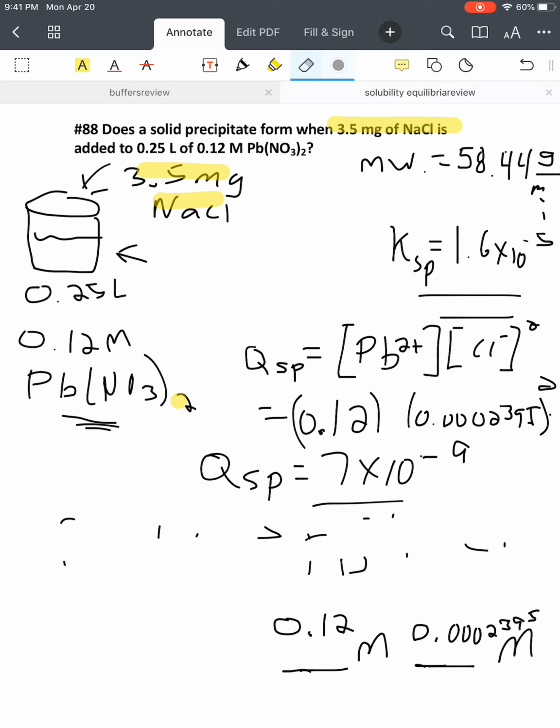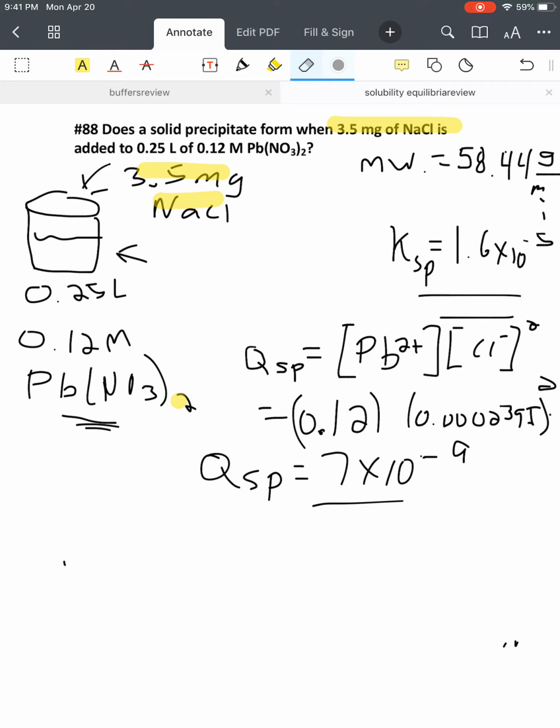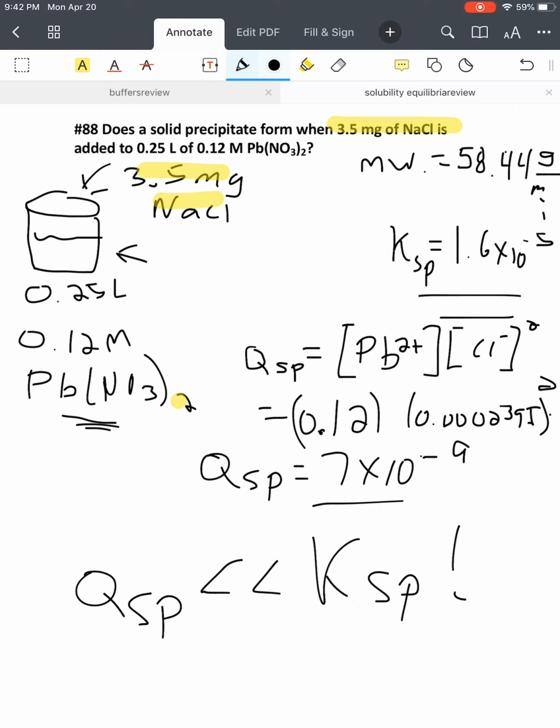Well, what we do with it is we compare it with the magnitude of the value of our KSP. Is QSP bigger, smaller, or equal to our KSP? We've got to think about that for a second, right? So I think in this case, it looks like my QSP is substantially smaller than my KSP, isn't it?